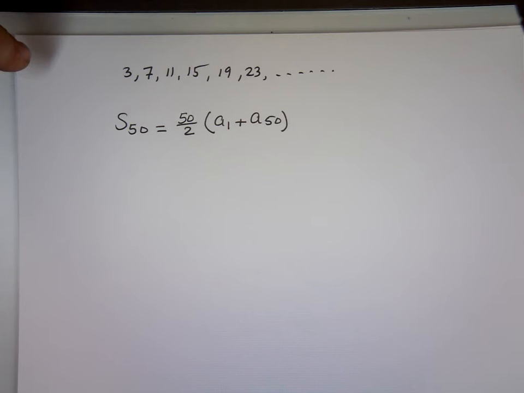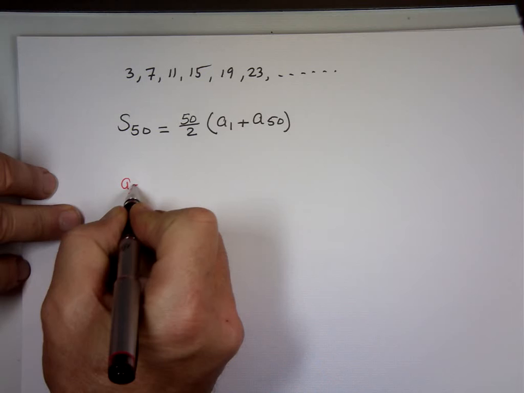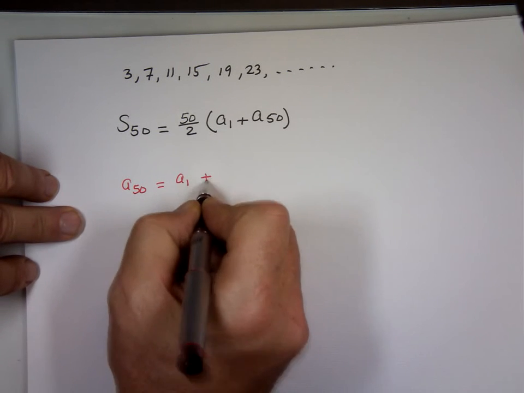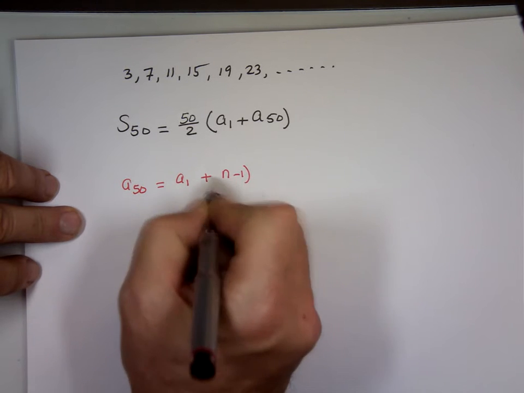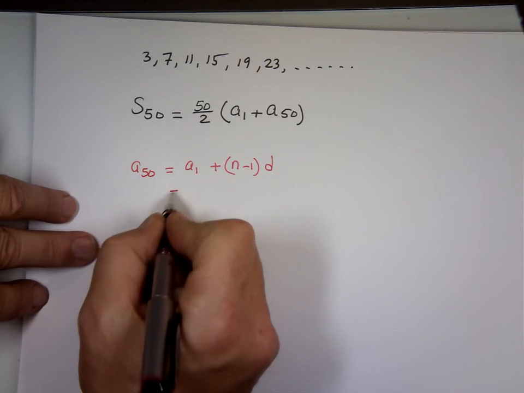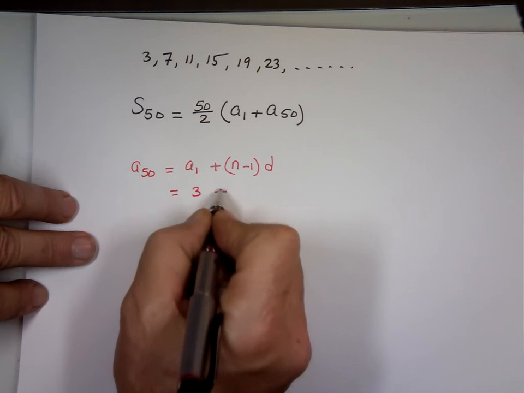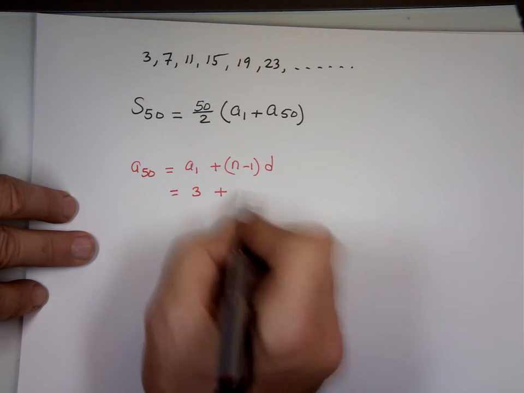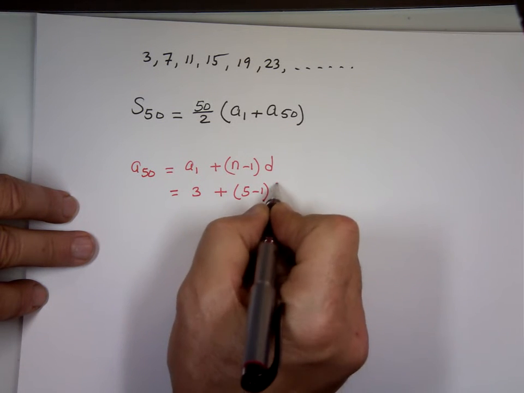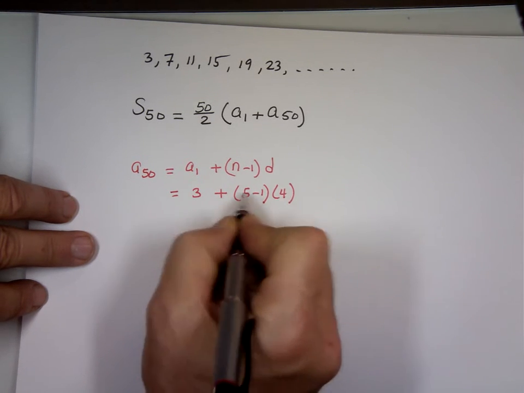Don't we have to do that other? So yes, I got to find the A50 first, which is A1 plus N minus 1 times D. It's 3 plus 50 minus 1 times D, we said, which is 4.